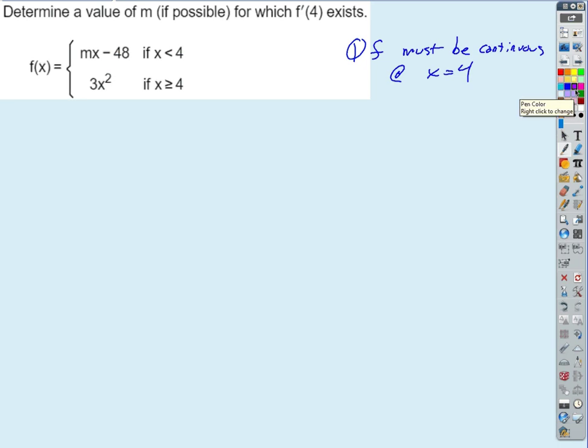What's the other thing that has to be true about the derivatives? Okay, yeah, what would happen if the derivatives from the left and the right had different slopes? What would that look like? A sharp corner, wouldn't it?